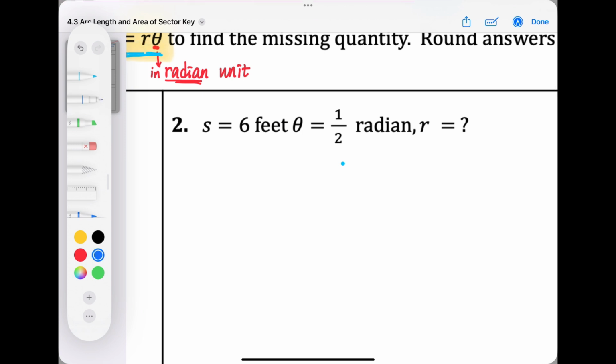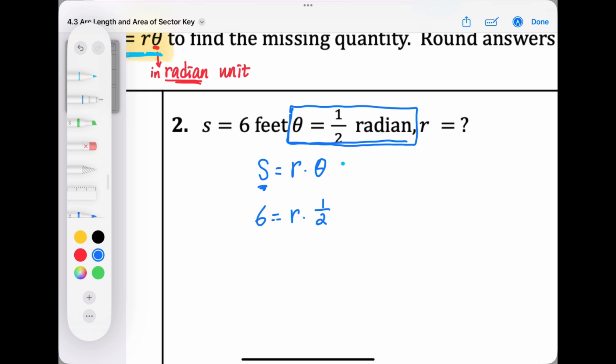So what you see is what you got. Same thing, we are given the wonderful formula. The arc length is equal to the radius times my central angle. What you see is what you got. So given S is equal to 6 feet and the central angle theta is equal to 1/2 radian. So plug it in, I got R times 1/2.